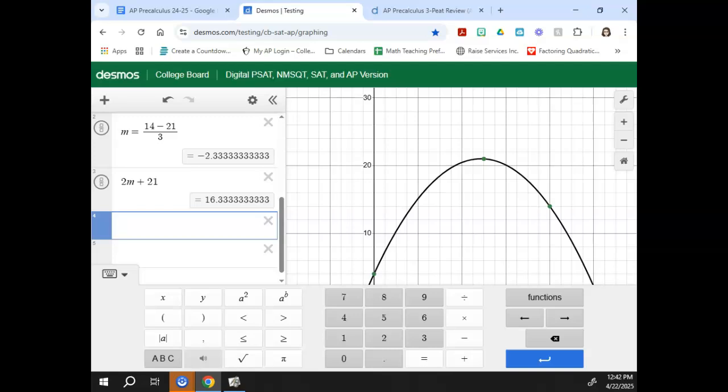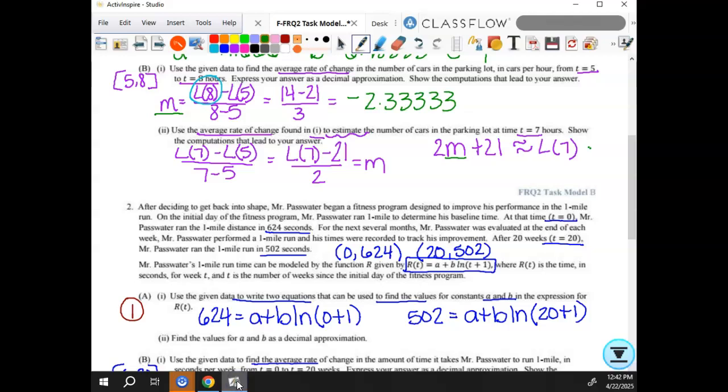But you can't do that if you don't actually identify what M is. So that means what we found here, L of 7, is about 16.33333. Now, what this question is actually asking me is how many cars are in the parking lot? Can we have part of a car?